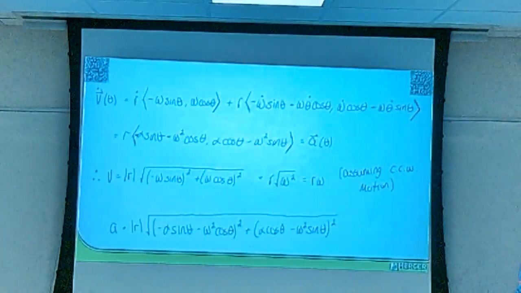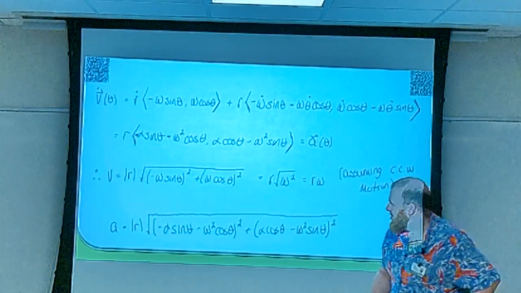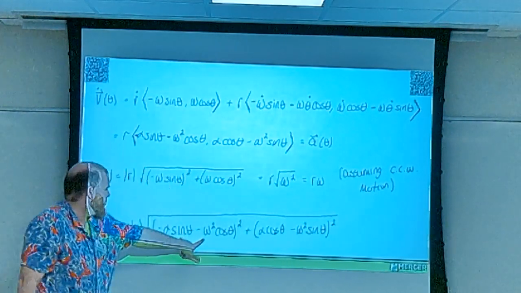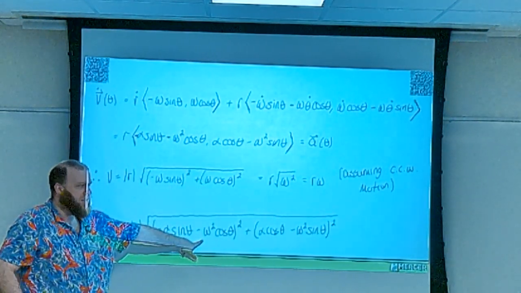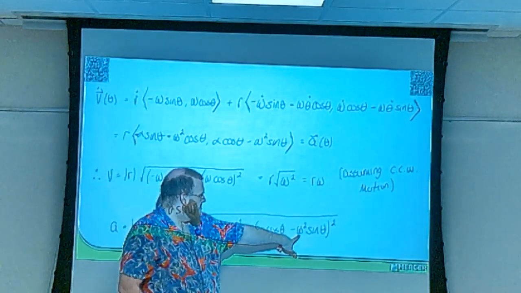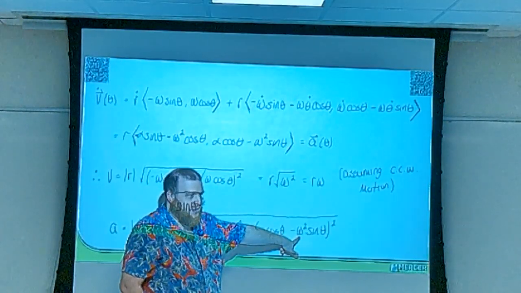And obviously, again, R is non-negative, so absolute value is going to be R. Then 2 times alpha omega squared sine theta cosine theta minus the same thing, they drop out.